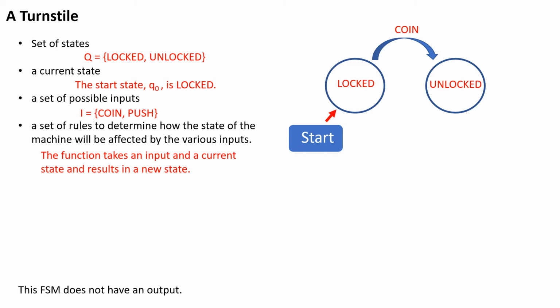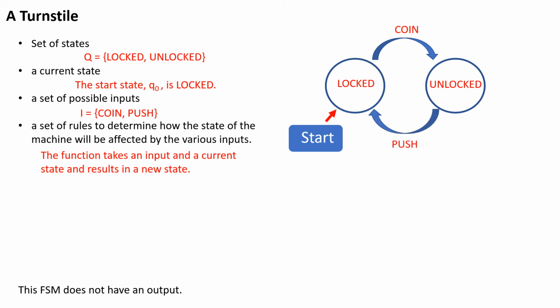Remember, this transition function is always going to take an input and a current state, and then it's going to result in another state. And maybe it's a new state, maybe it's a completely different state, maybe it's going to stay the same state. It's some state. That new state might be new, might be the same one, but it depends on what's going on. So here in this case though, put in a coin, it becomes unlocked.